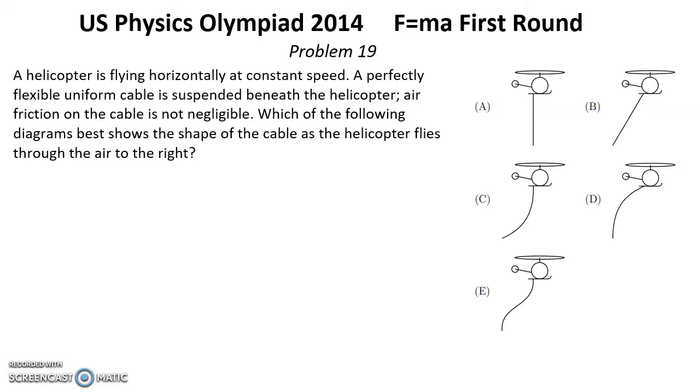Solution. Let's take a small piece of this cable, and on this piece there are two forces acting. One force is the vertical force of gravity, and the other is the horizontal force of air friction, and they both are proportional to the length of this piece.